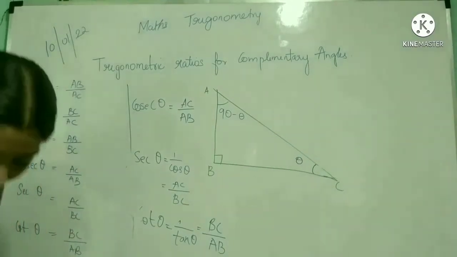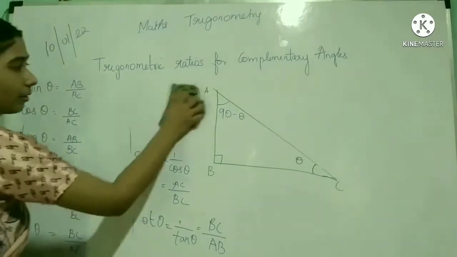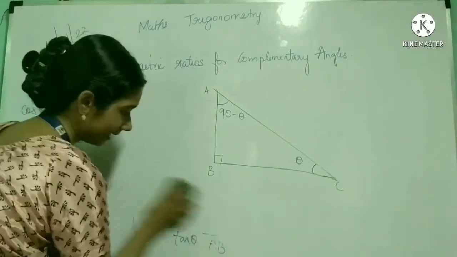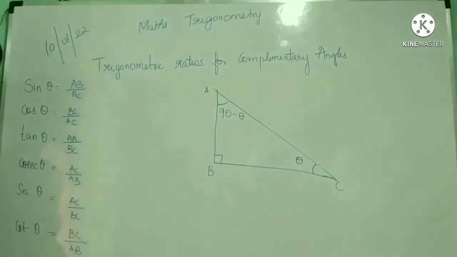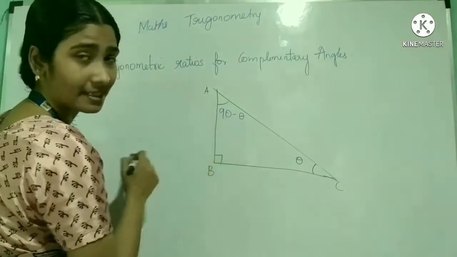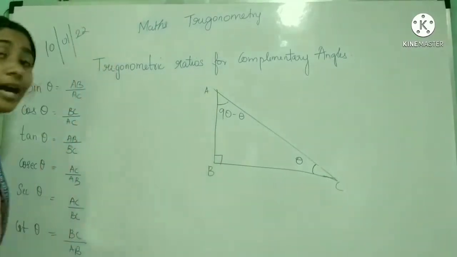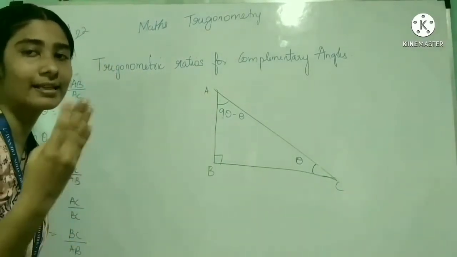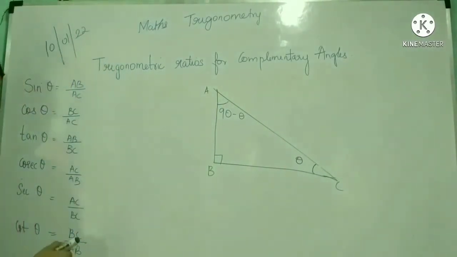Alright, I have written everything together. Now what we should do is find all the 6 trigonometric ratios for 90 minus theta, that is for angle A: sine, cos, tan, cosecant, secant, cot. All the 6 values.